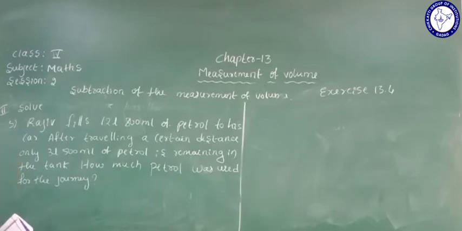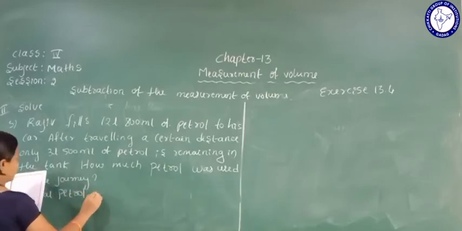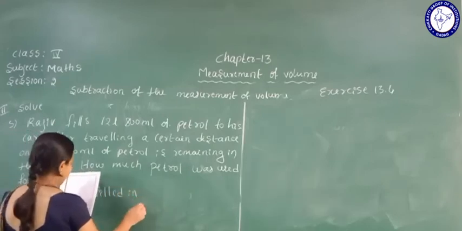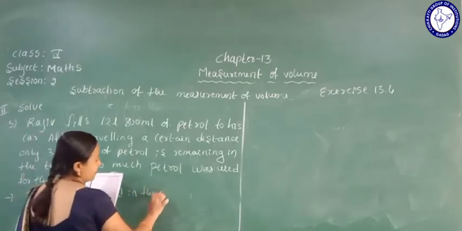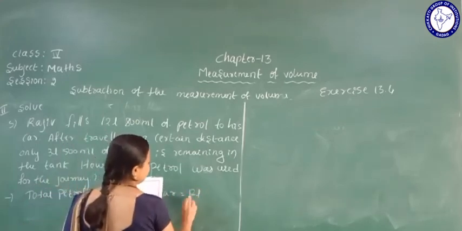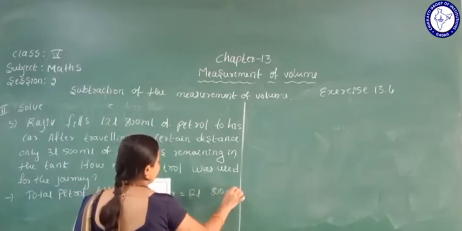So how much petrol is used for that journey? Total petrol filled in the car is 12 liter 800 ml.